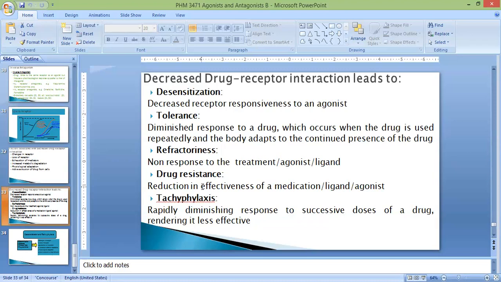Tolerance is also what we see when we're talking about abuse of drugs, people who abuse opioids, and at the end of the day, they end up overdosing. When they were starting off, for example with heroin, just one injection and they were feeling high.